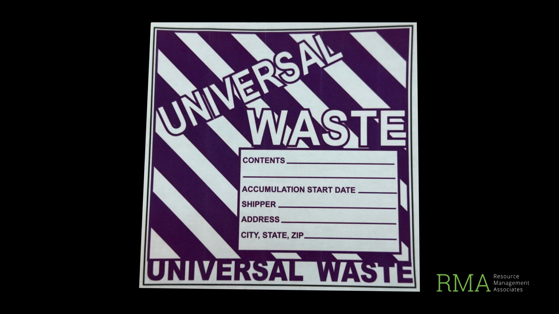When should you use the universal waste label? Apply labels when the item becomes waste, such as when a bulb burns out or a battery is spent. What must this label include? The words universal waste and identify the type. For example, universal wastes, lamps, which is a technical waste wording, fancy way of saying bulbs.